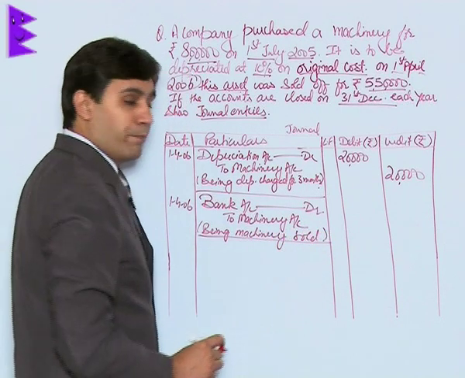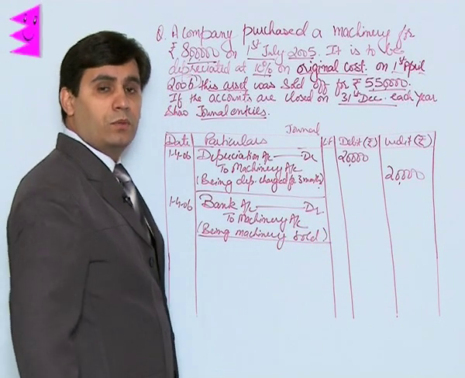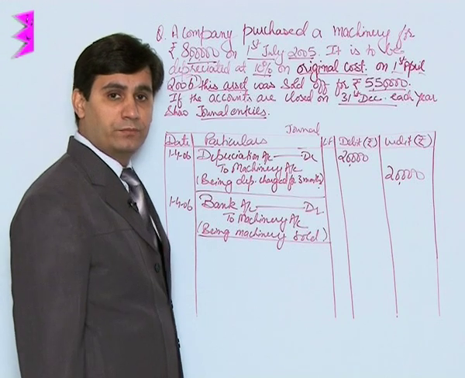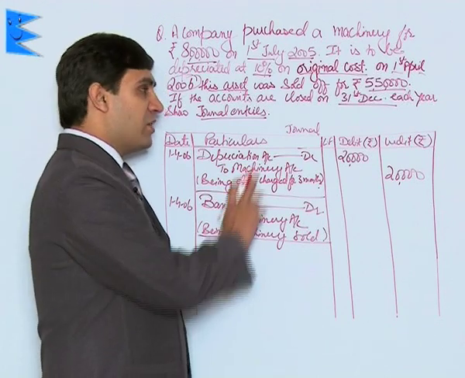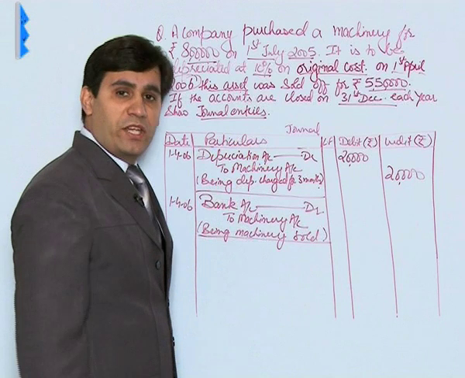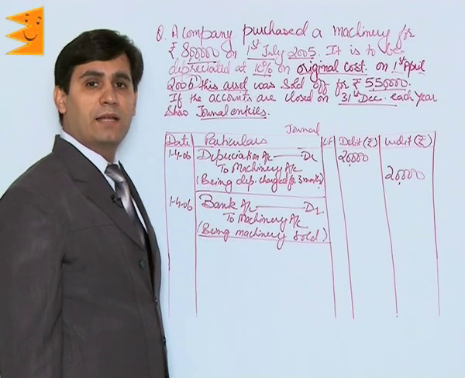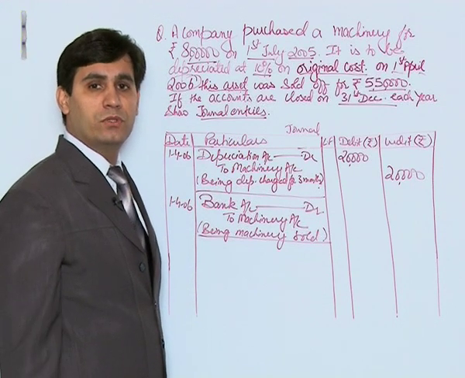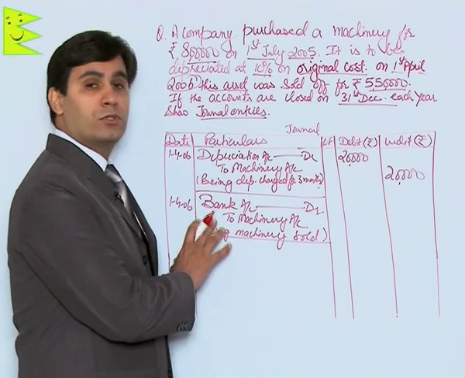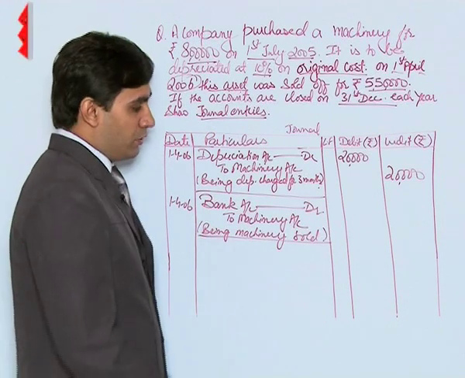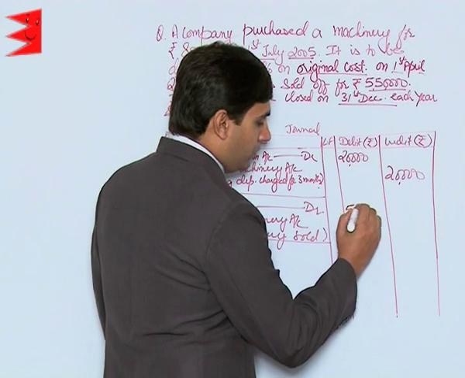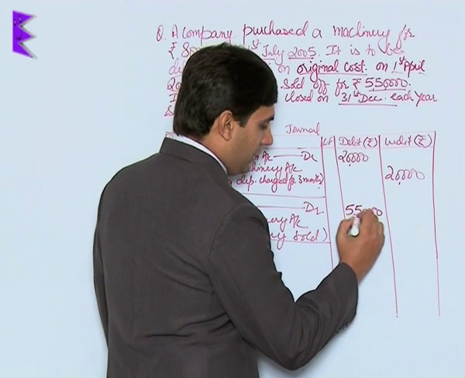Now students, bank account debited because it's a personal account, debit the receiver. It is not mentioned here that it has been sold through a check or something, but it is assumed that companies usually make transactions through checks. But otherwise, you can also write cash here. So in this case, the amount would come to 5,50,000.